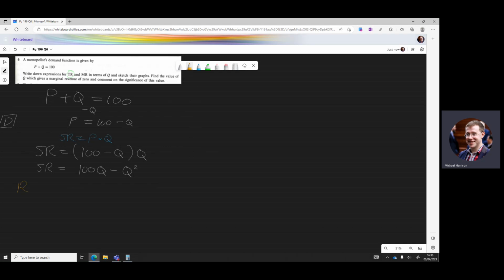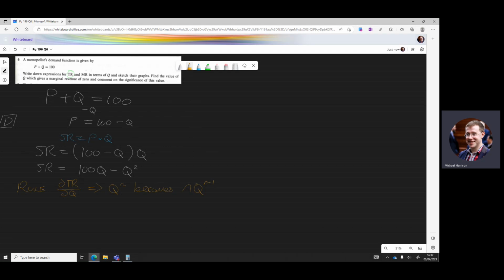The rule is that when I do the change in total revenue with respect to Q, what happens is that Q to the power of n becomes nQ to the power of n minus 1.